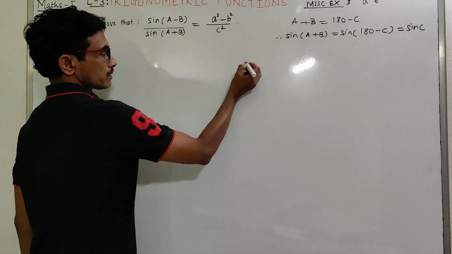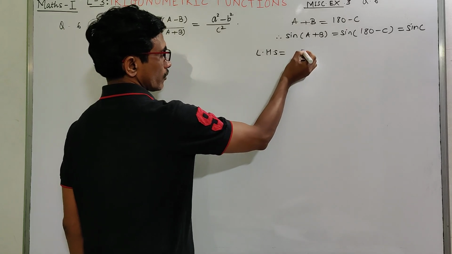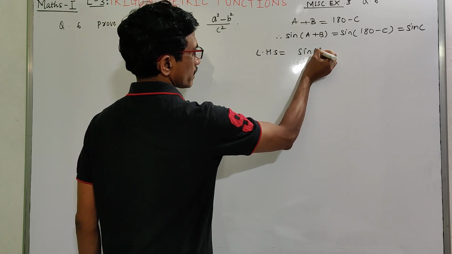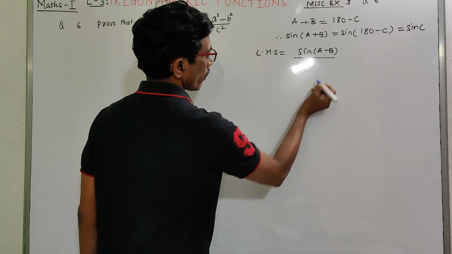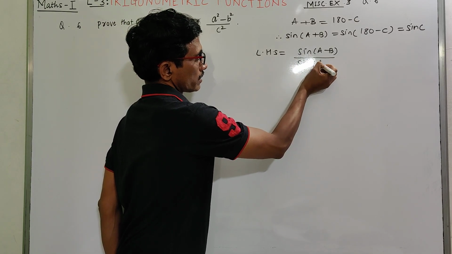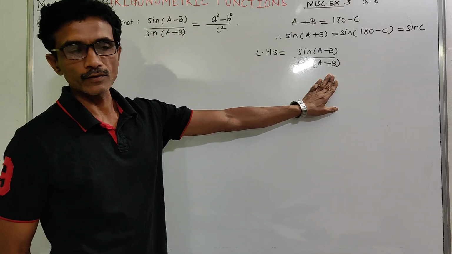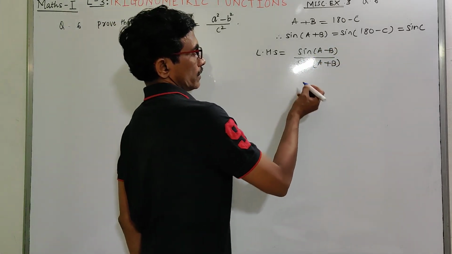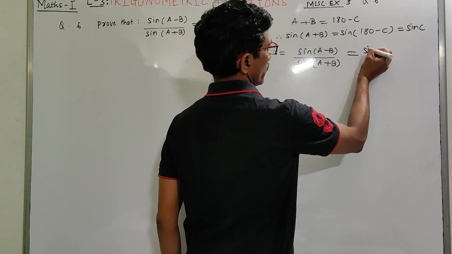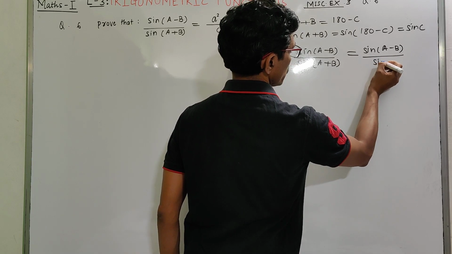So our LHS becomes sine of (a minus b) upon sine of (a plus b). In place of sine of (a plus b), we will write sine c. So sine of (a minus b) upon sine c.